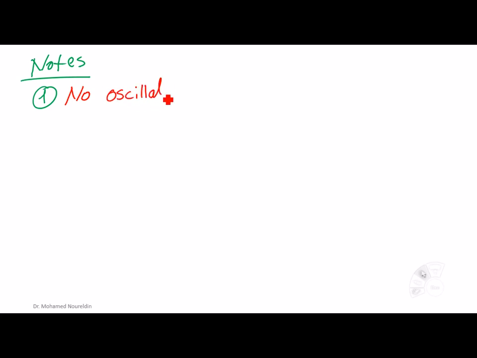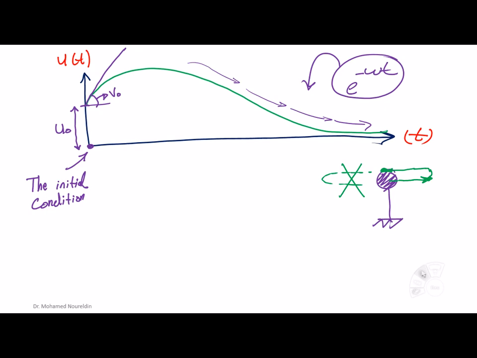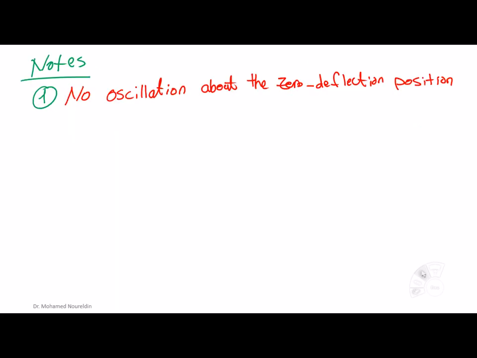You understand it here? As I said, no oscillation here. No oscillation means that we didn't go in this direction, for example. Okay, this is number one.